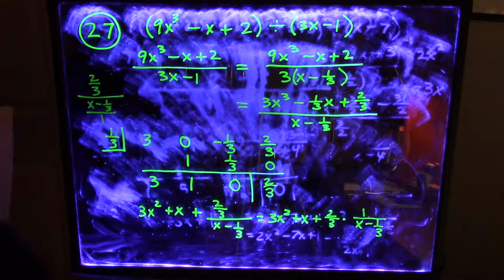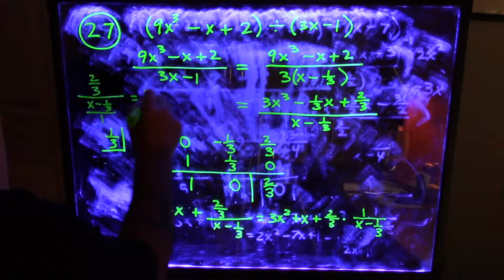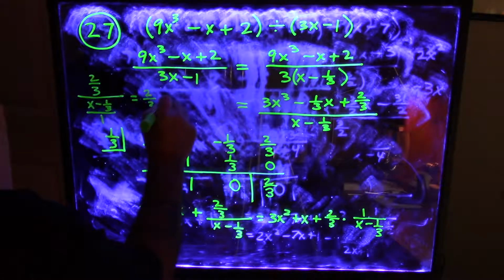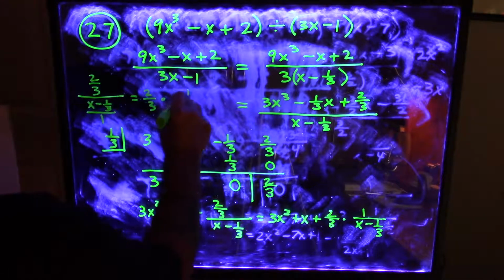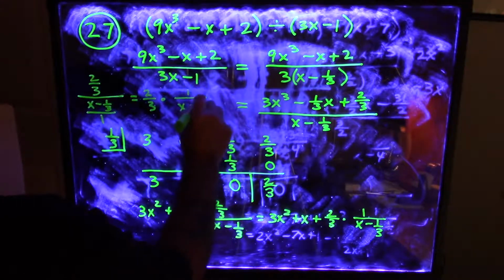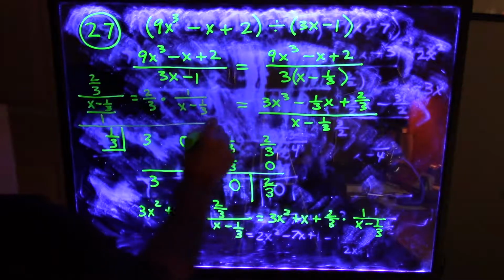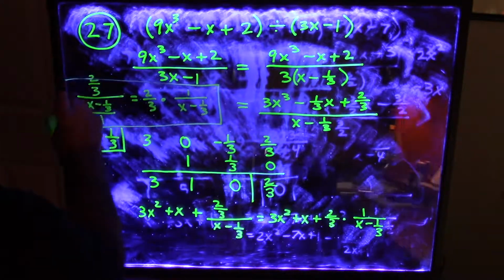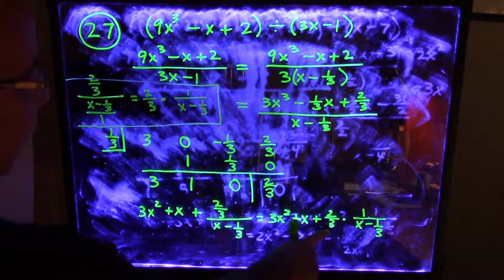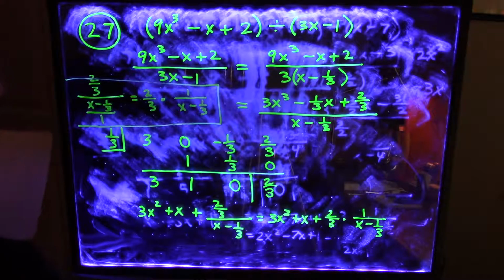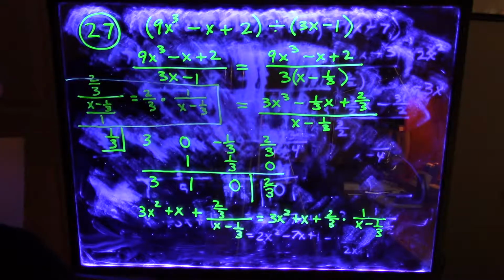Write that as a complex fraction, and you know how to deal with those, right? You multiply the numerator and then multiply that by the inverted denominator, 1 over x minus 1/3. This is my scratch area here, so don't get confused. So that's basically what I have here. If you're wondering what's going on from here to here, that's what's going on.